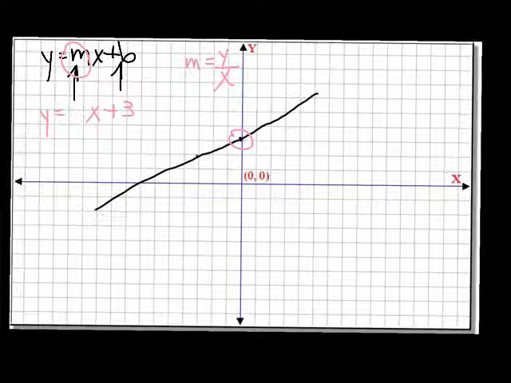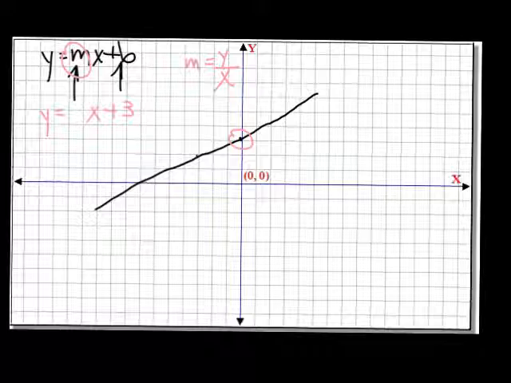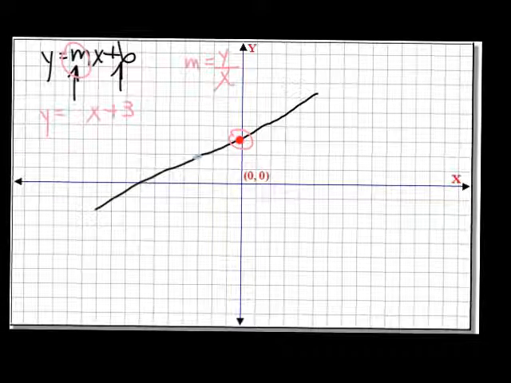So in order to get to another point on this line, a good idea is to find a point on the line where it crosses, like one of these crosshairs right here. Those are the ones you're looking for. So let's pick this one. So I'm going to put a circle there so I know where it's at. And I want to find out how I get from here to here.